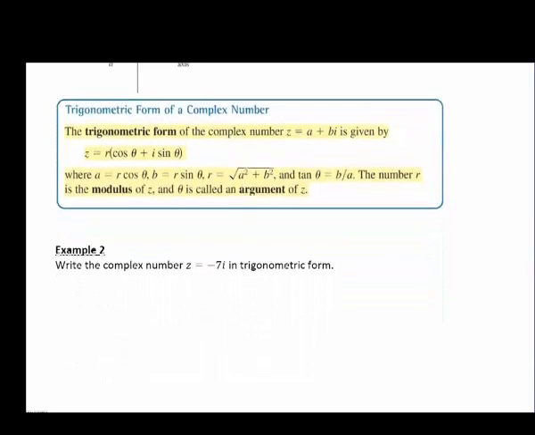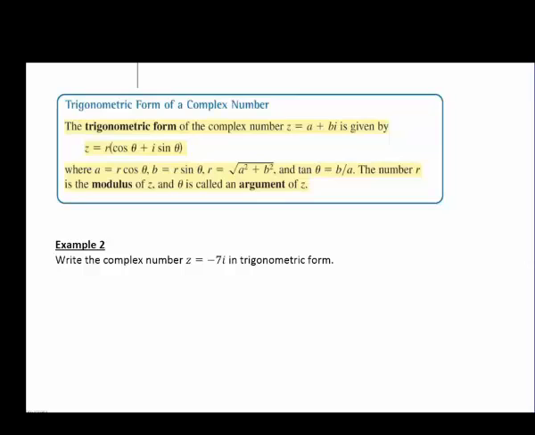So we can see that if you have a complex number, a plus bi, you can rewrite that as r, which is the length of that side, or the hypotenuse, if you will, times the cosine of the angle plus i times the sine of the angle.